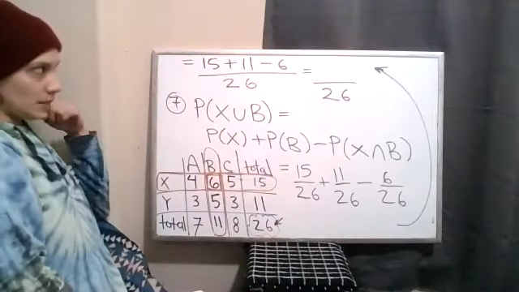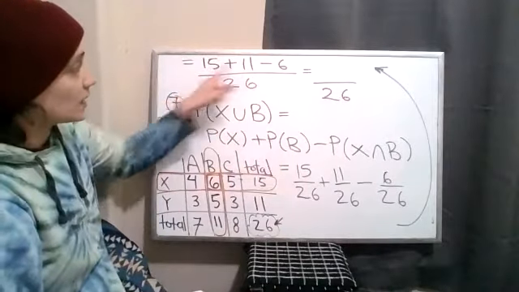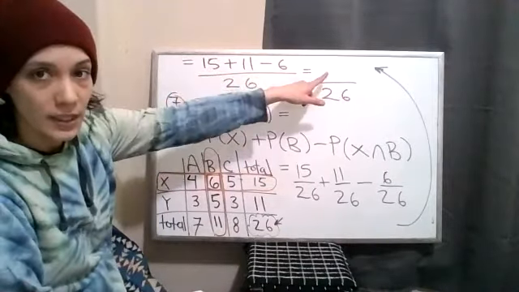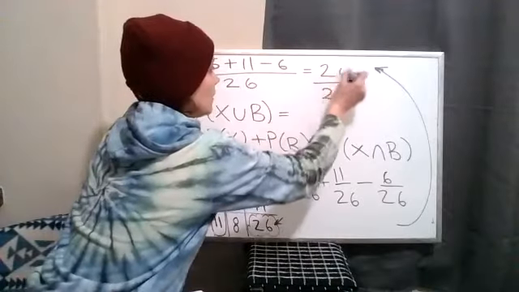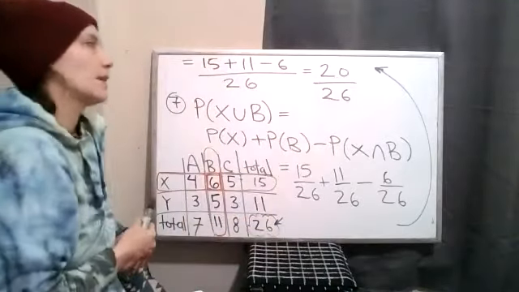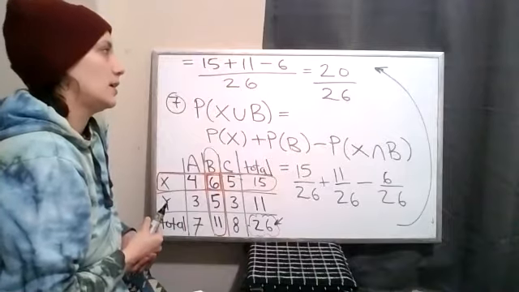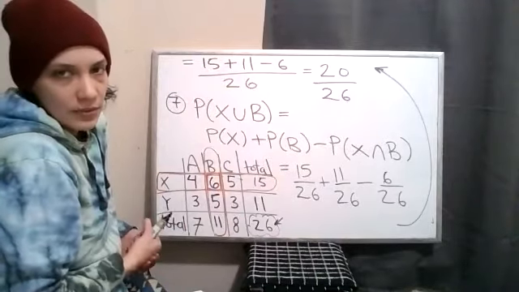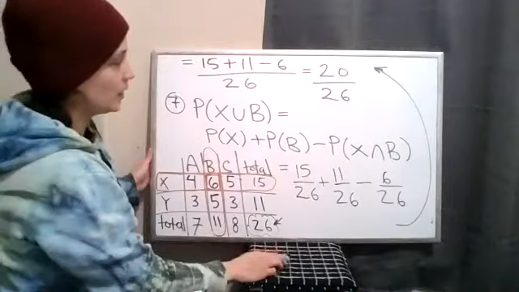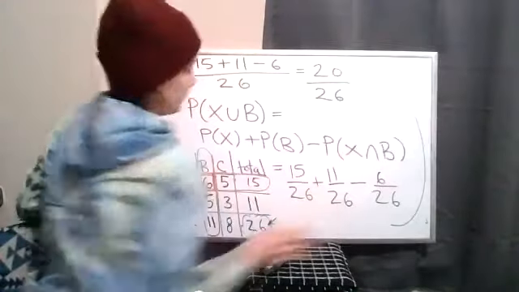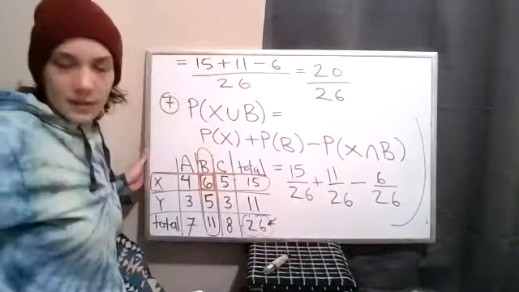All right, let's see. This would be 26 minus 6 is equal to 20 over 26. Let's reduce. They're both even numbers, so I'm going to factor out a 2.